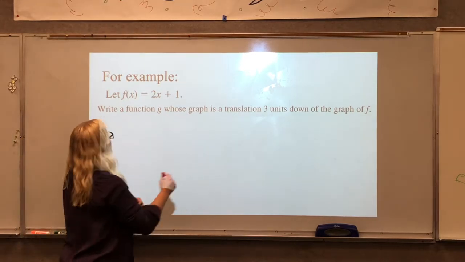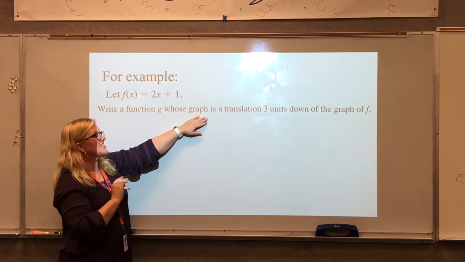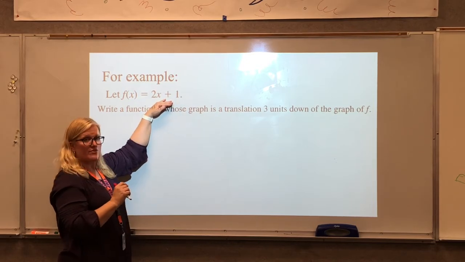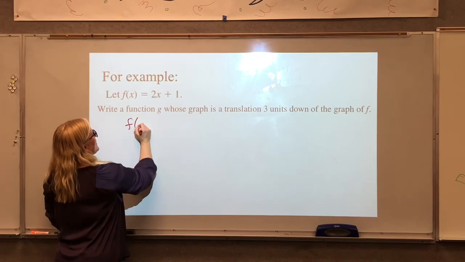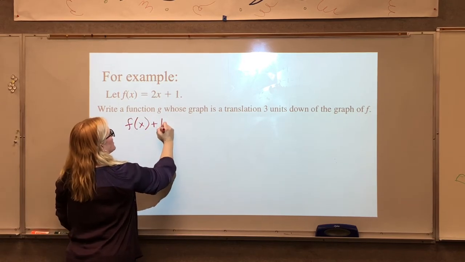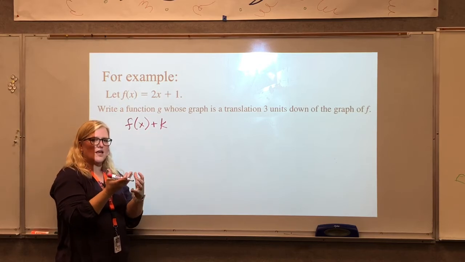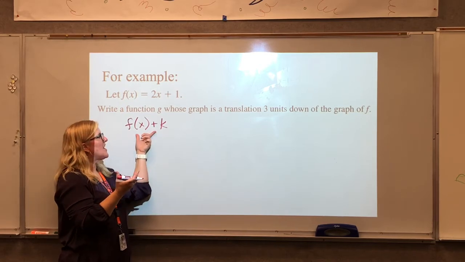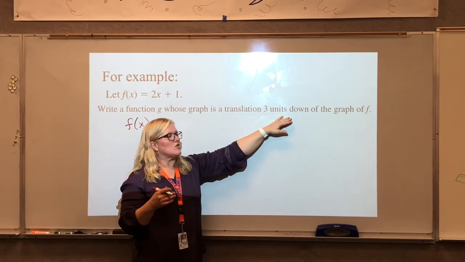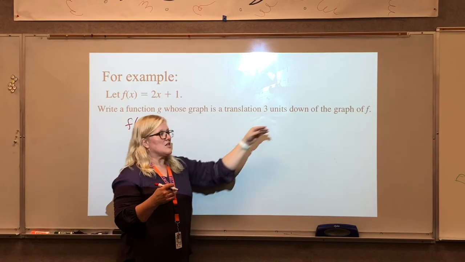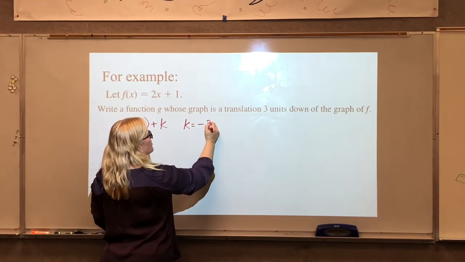All right, so write a function g whose graph is a translation 3 units down of this graph. Well, what I need to remember is that f of x plus k is the transmogrifier, like in Calvin and Hobbes. This is the thing that's going to transform this. And it's going 3 units down. So k equals -3.